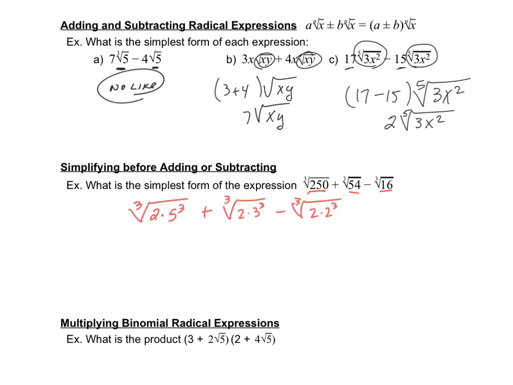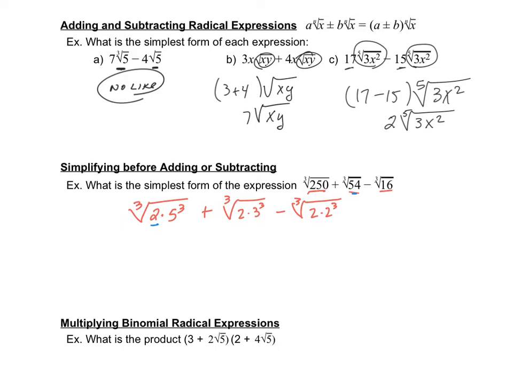As I simplify those, it looks like I was able to find some cube roots that are going to be like. For example, the cube root of 2 times 5 cubed is going to give me the cube root of 250, plus the cube root of 2 times 3 cubed is going to give me the cube root of 54, and then minus 3 times 2 times the cube root of 2 cubed.